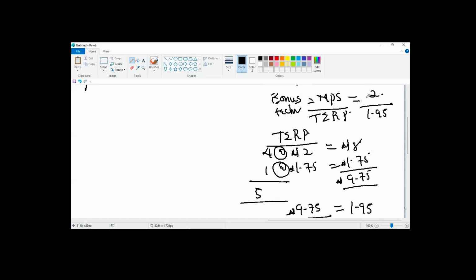Market price is in naira, theoretical is in naira, so naira cancels naira. So you have a bonus factor there.